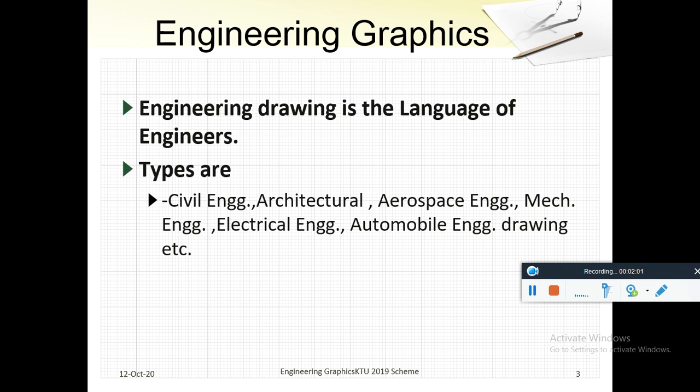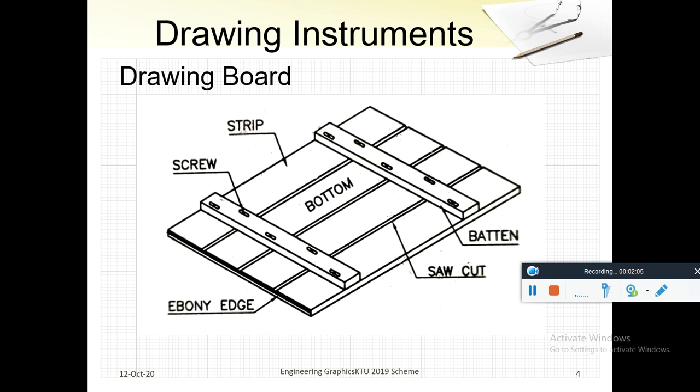You should understand the different drawing instruments used by engineers. It shows a drawing board. It is made of softwood or wood strips.